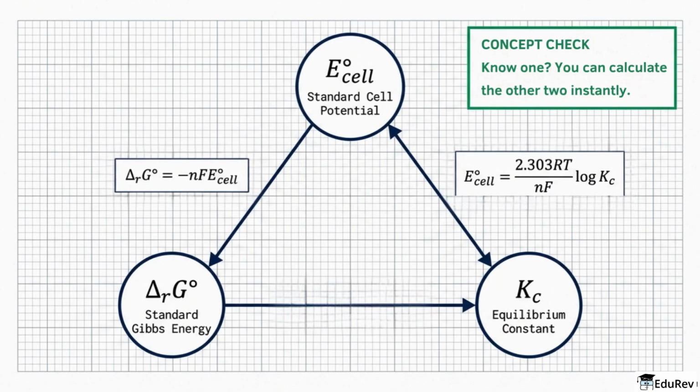E naught cell equals the quantity 2.303 RT over nF times the log of Kc. Delta rG naught equals negative RT times the natural log of Kc. That is the concept check. These are not isolated formulas. They are one thermodynamic system seen from three angles.